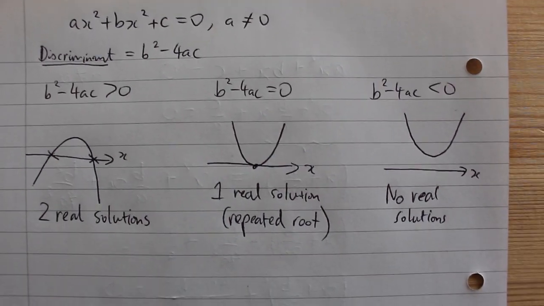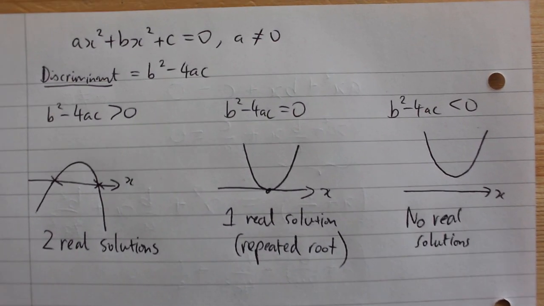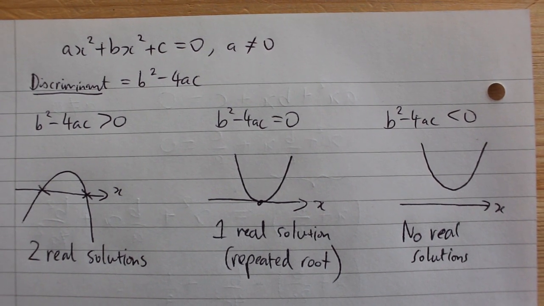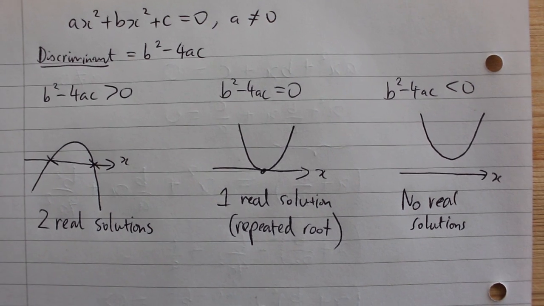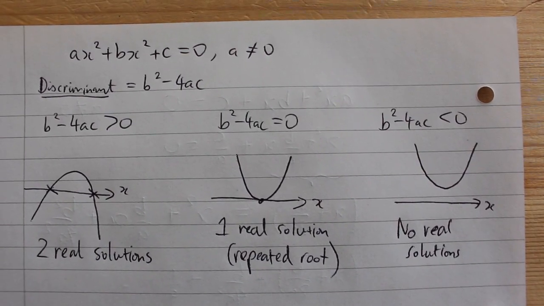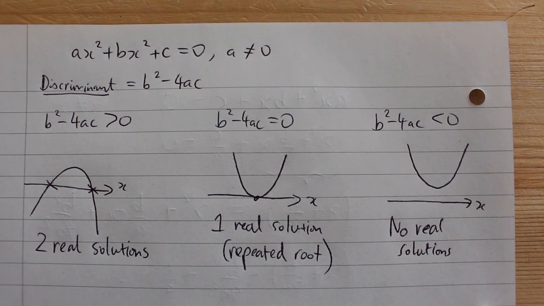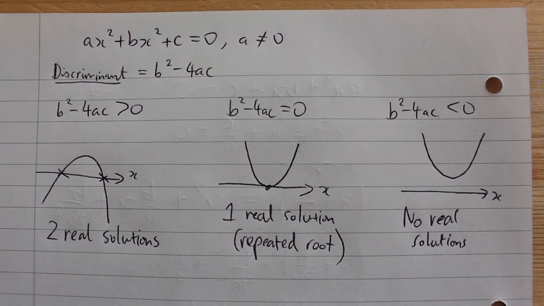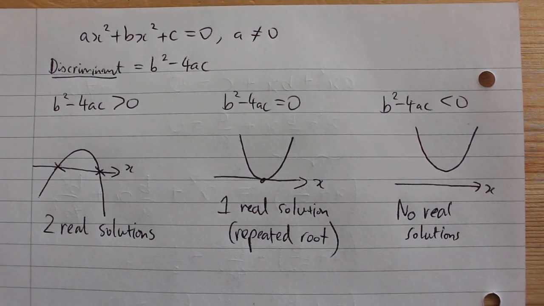If the discriminant is 0, if the thing inside the square root in the quadratic formula is 0, we have just one real solution. So that means the graph of the quadratic function touches the x-axis at the 1 point. And lastly, if the discriminant is negative, as we've just seen, we don't get any real solutions. The graph of the function doesn't cross the x-axis at all.